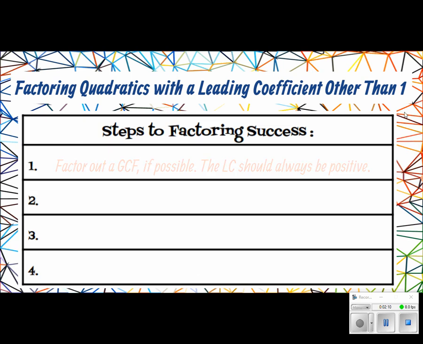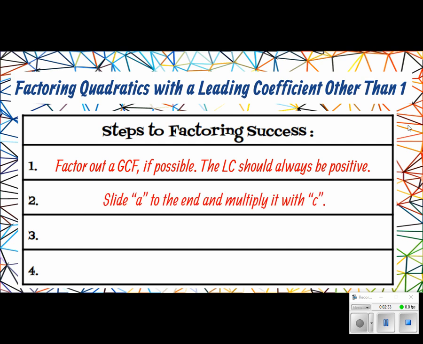So here are your steps to factoring success. Write these down. Step 1, factor out a greatest common factor if possible. The leading coefficient, you want it to always try to be a positive number. So if the leading coefficient is negative, you want to factor out a negative at the very least for the greatest common factor. So you are going to check for a greatest common factor and factor it out.